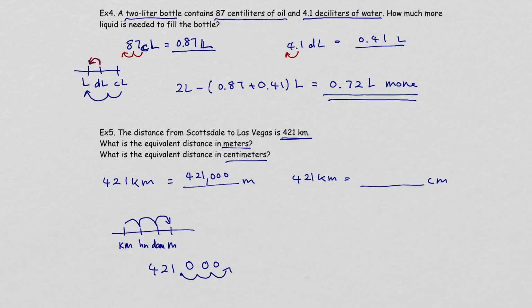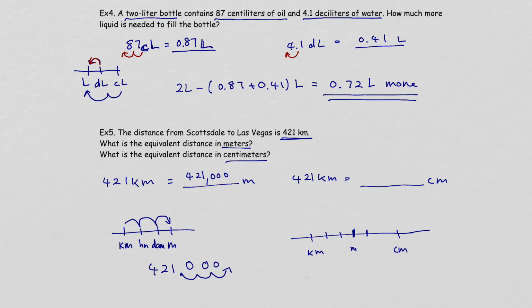We do the same thing again. So kilometers to centimeters. Remember, to the basic unit there is 3, right? Hecto, deca, and the basic unit, right? And then you have deci and centi and milli.